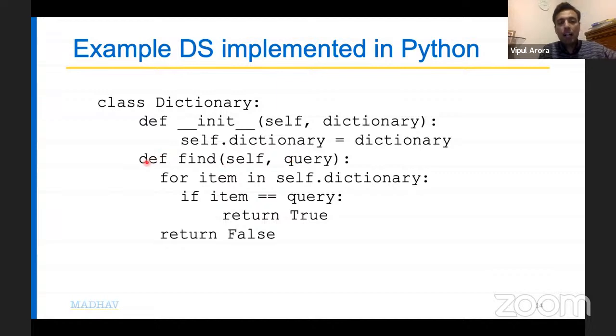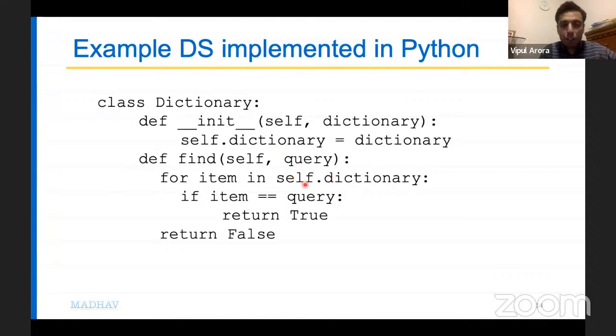For example, in this function, I want to use an element of my class, which is called dictionary. So I will access that element using this keyword self. All those elements which I define anywhere else will be there. I can access every element of the class using this self.